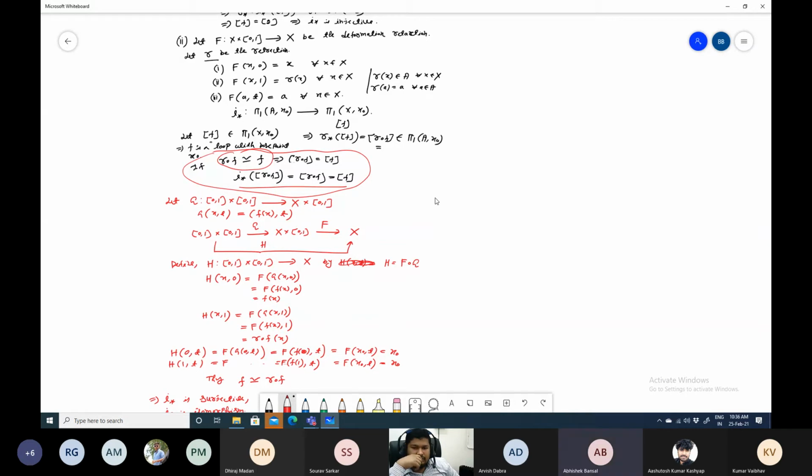Because it was a homotopy class in A, and what we defined was a homotopy class in X. Sorry, loops in X, and here we are dealing with loops in A. But yes, that is correct. I think I should mention something, but I'm missing it somewhere.